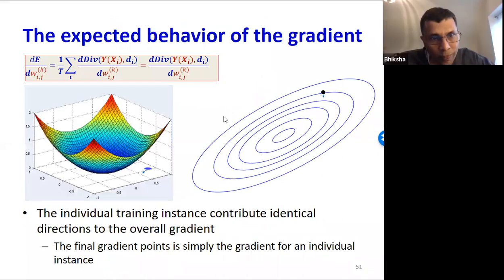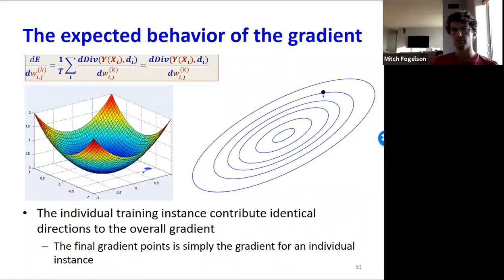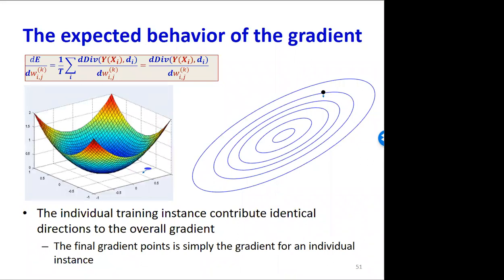And so in this situation, when everything is identical, the average divergence is going to be the same as the individual divergences. In this case, is there any advantage to actually performing a batch update over stochastic gradient? No, not really.